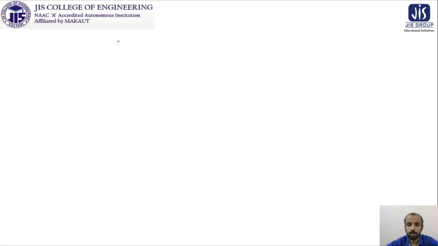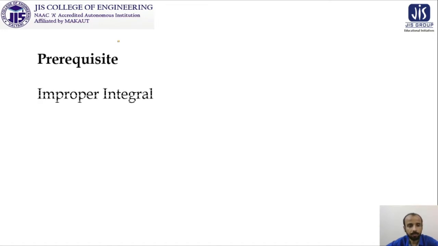The prerequisites for this class are, first, we have to revisit the idea of improper integral, like we have revisited the same idea for the gamma function class. Next, we have to have a clear idea of the types of improper integral as well as the convergence criterion for them.